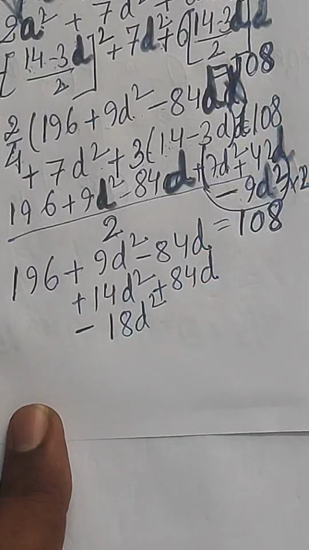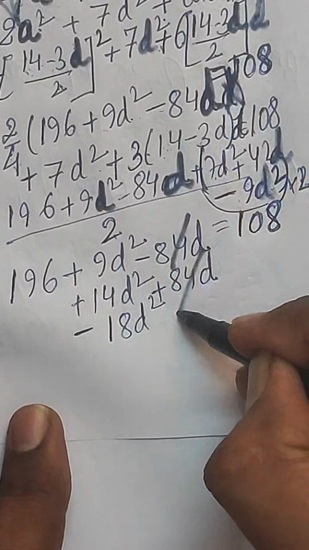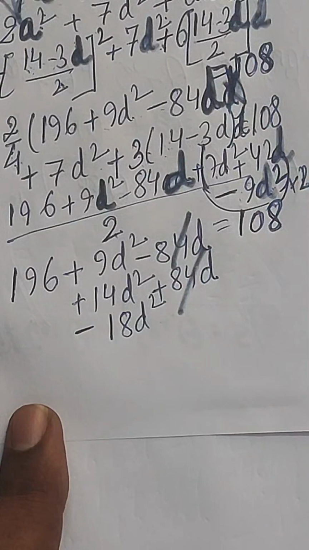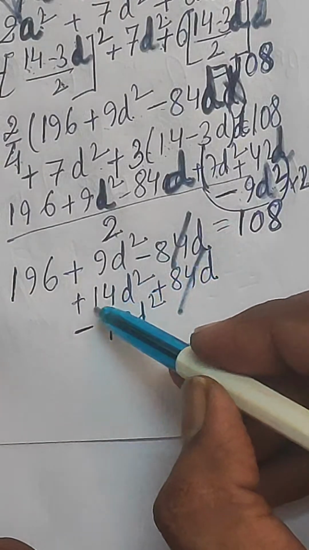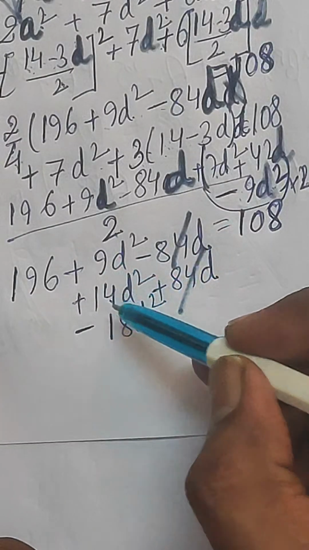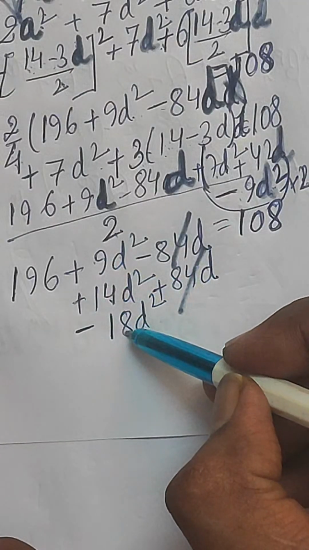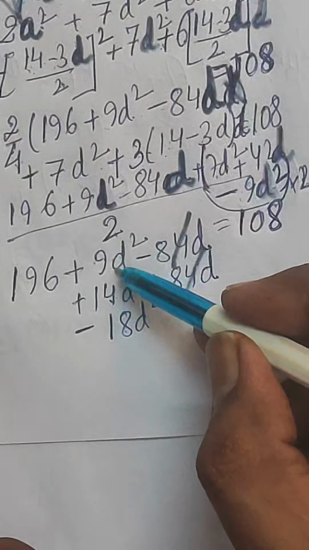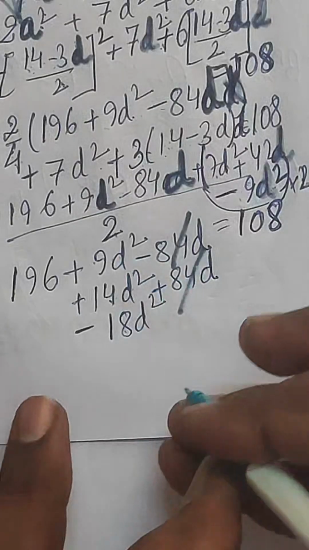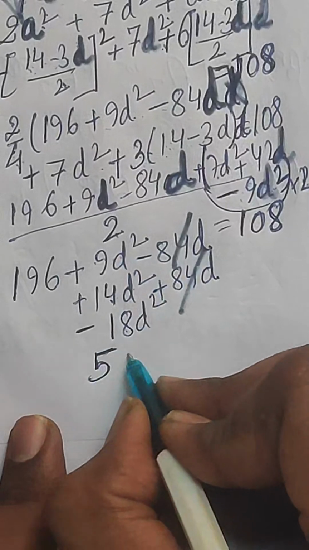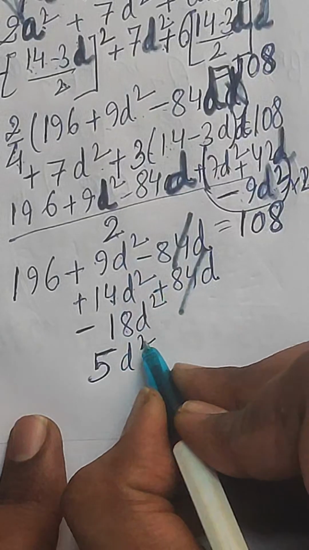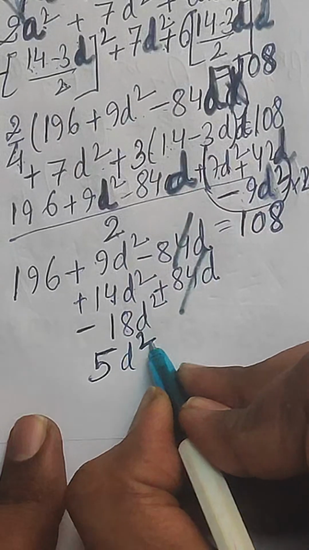First of all, this 84d and 84d will be cancelled out, and we have an equation in d square. 14 plus 9 is 23. 23 minus 18 is 5. So this will give you 5d square, right?